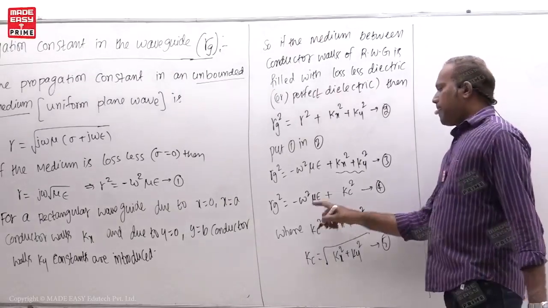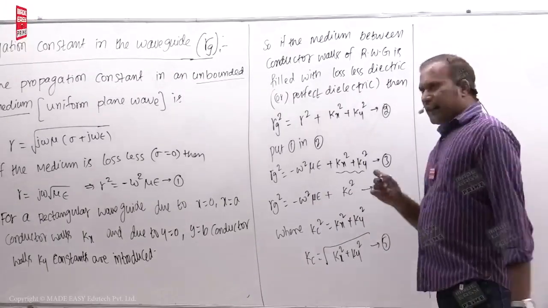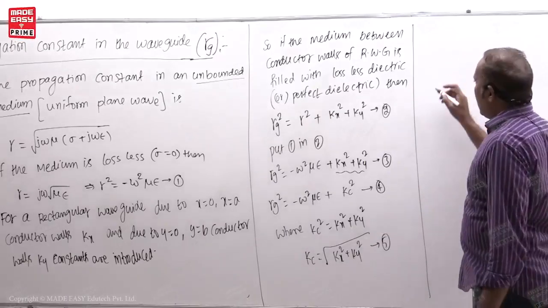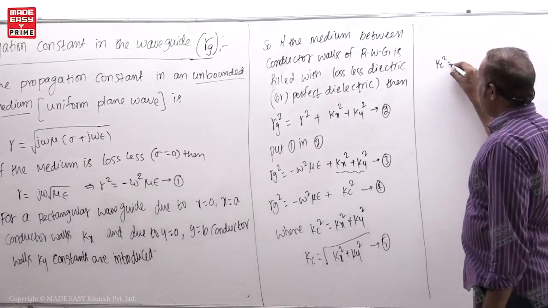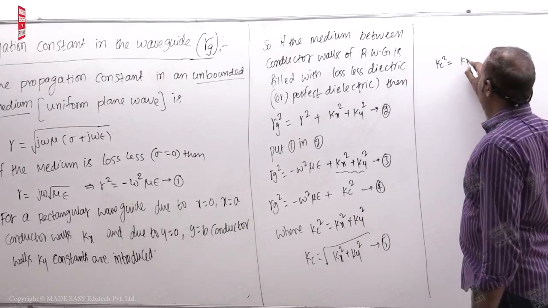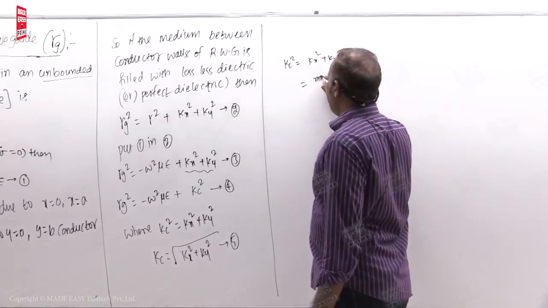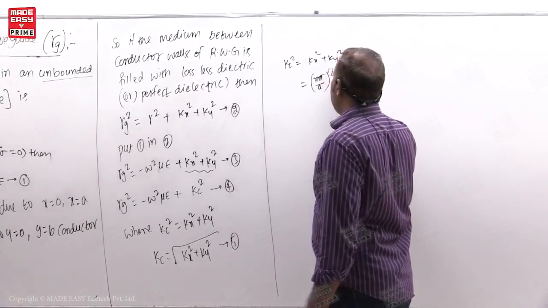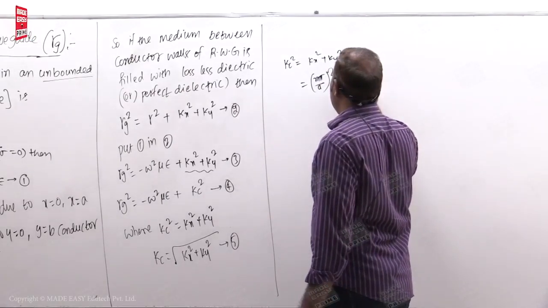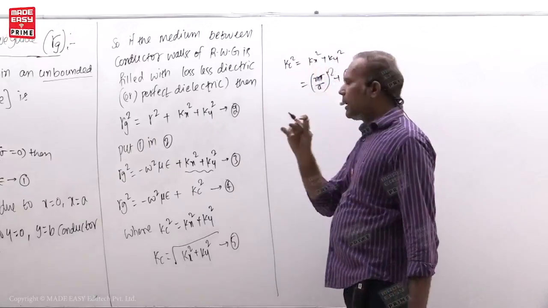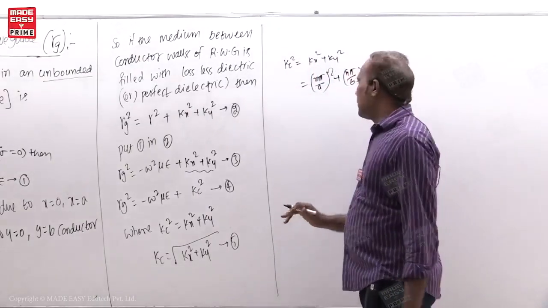Now, dear friends, actually kc square is equal to kx square plus ky square. Kx is m pi by a and ky is n pi by b. Some rough work I am doing here. I am explaining something for you.